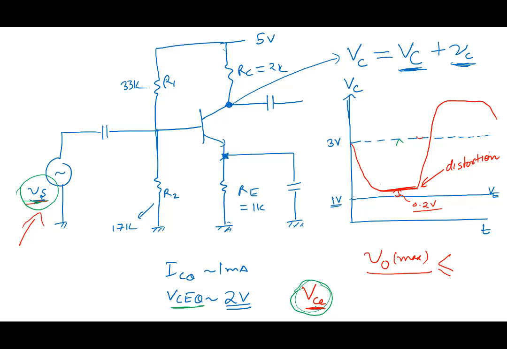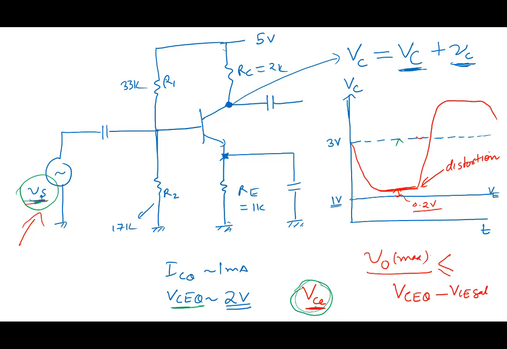How high do you think I can drive so that it doesn't get clipped? 3 minus 1, 2; 2 minus 0.2, 1.8, right? Which is what we are saying: it will be less than VCEQ minus VCE set.